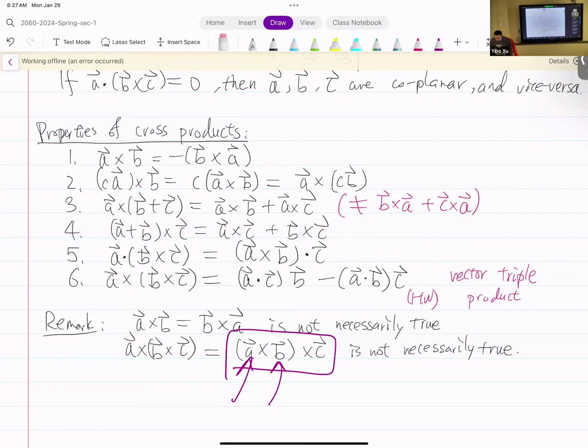These things are definitely not obvious at the moment that we have learned about the cross product.